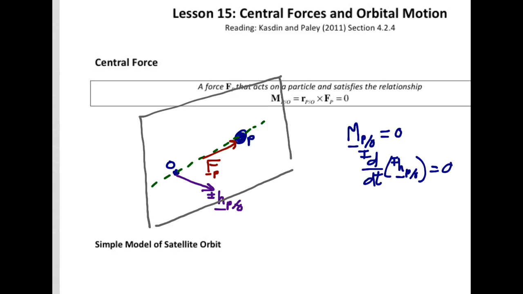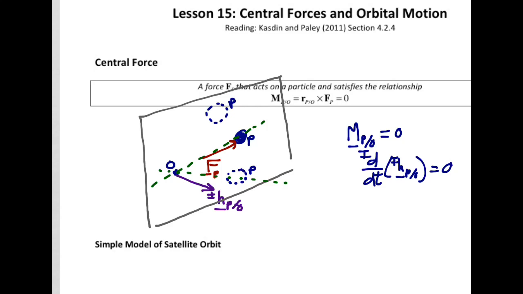So imagine that we've got this plane that's defined by this vector, the angular momentum of point P about point O, and so the motion of this particle P can only be within this plane. And that's regardless of where this particle P is going to travel.